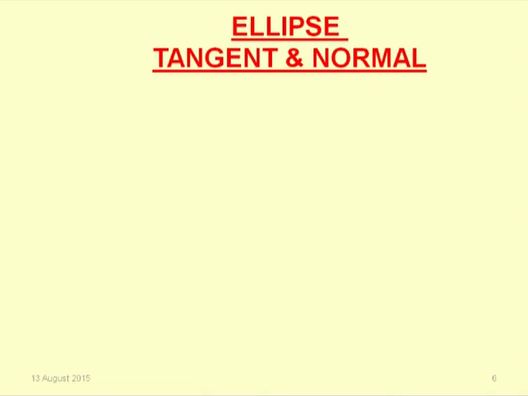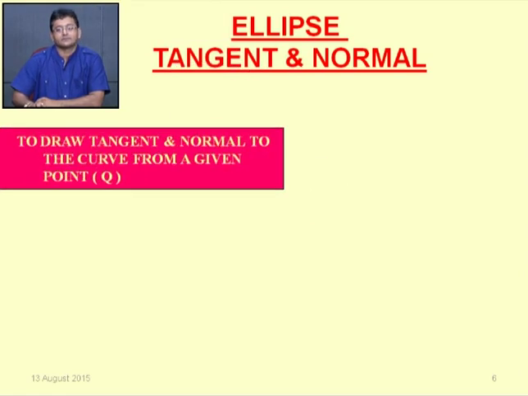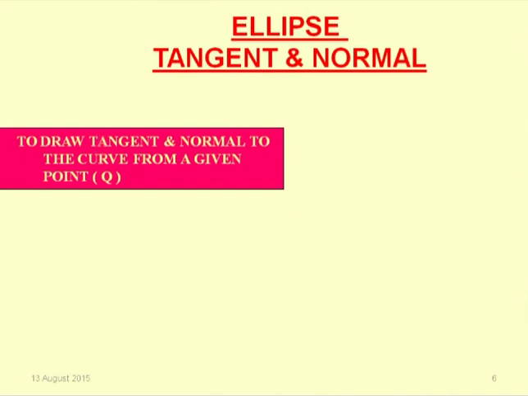Now let us understand how you can draw a tangent and normal to this curve which is known as an ellipse. So how you can draw tangent and normal to the curve? Let us understand. The data is given.